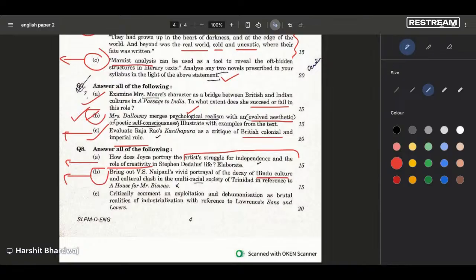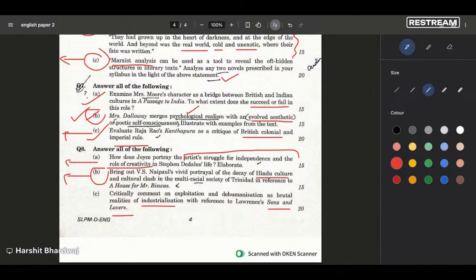Critically comment on exploitation and dehumanization as brutal realities of industrialization. Okay, so two questions from Sons and Lovers on industrialization. Can you see, a 30 marker on industrialization? So this is something you should prepare.